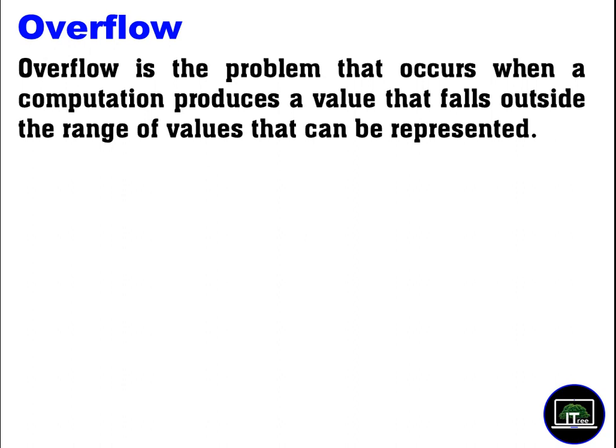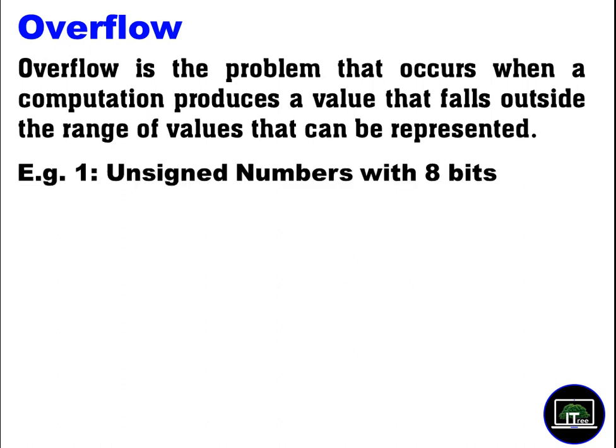Overflow is a serious problem with computers. You must check for overflow, because if you do not check it, you get a wrong answer which will mess up all your work. So first we check how overflow works and the rules of overflow.